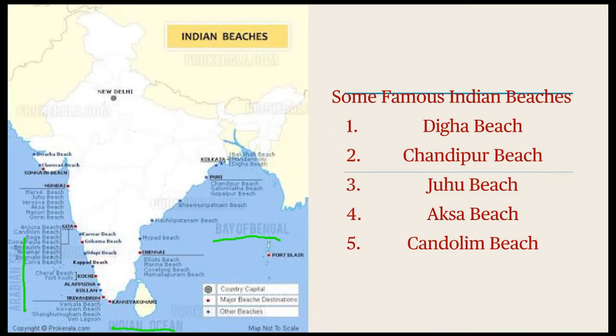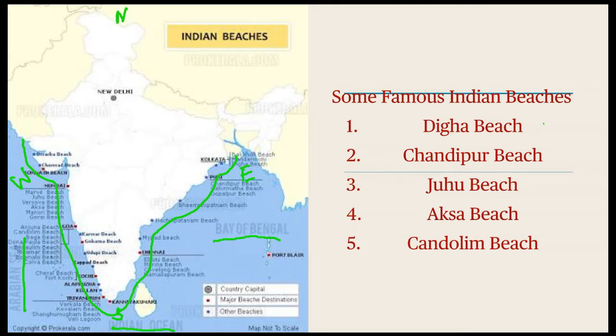Now since in the map this is north, so this becomes south, here east, and here west. So in the east you can find Bay of Bengal, sea. In the south you can find the Indian Ocean, which is the ocean, and the Arabian Sea to the west. So that's why the states here, all these states, you will find sea beaches.